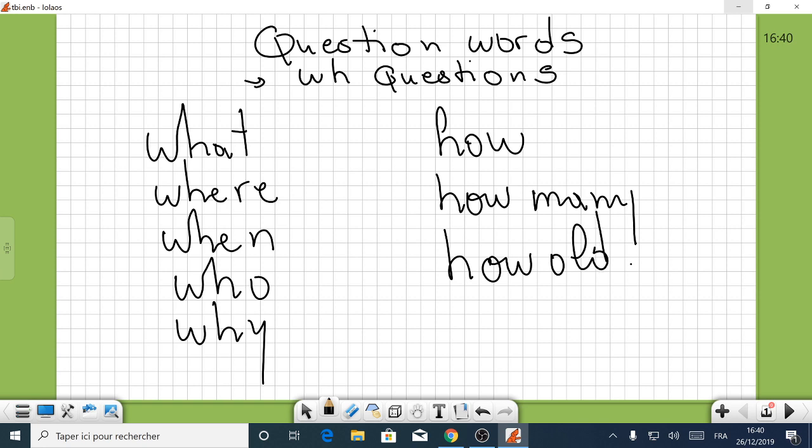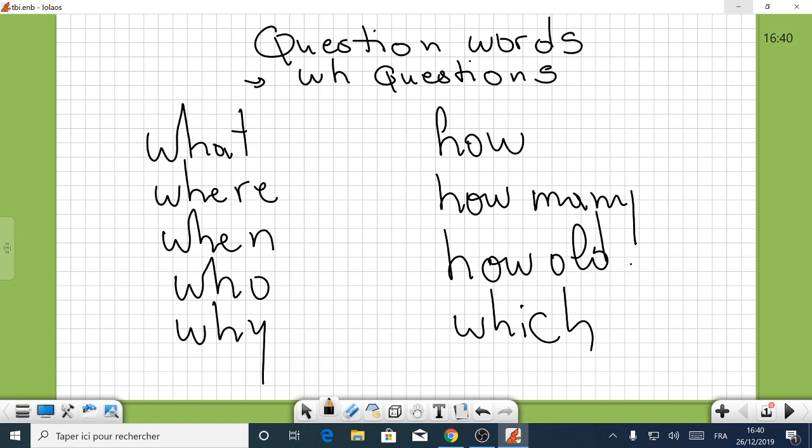These are the most frequent and common ones that we are going to focus on. And then we shall write which, of course. So all in all, we have here 9 question words that we are going to focus on today: what, where, when, who, why, how many, how old, and which.